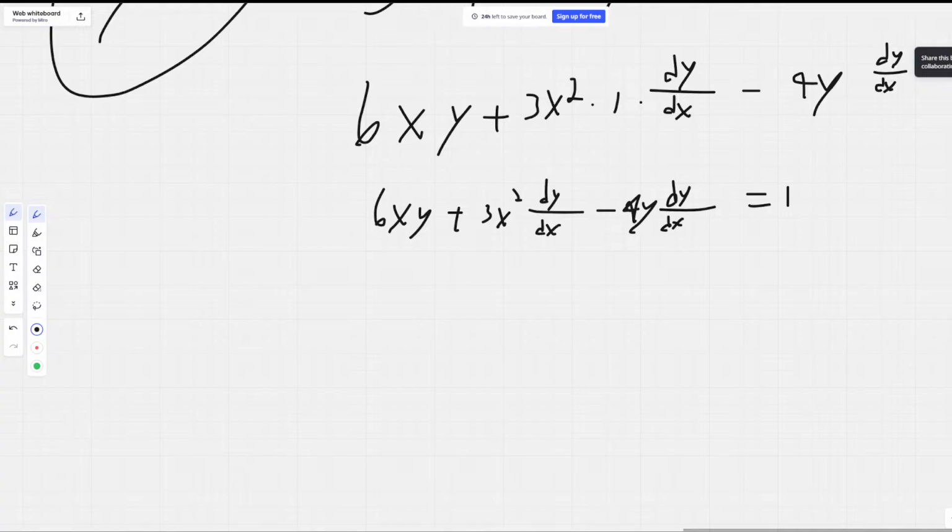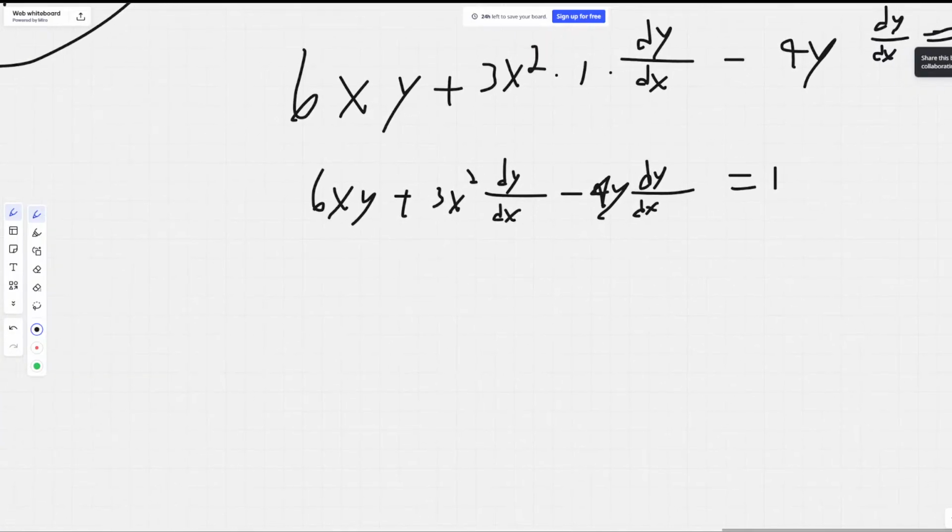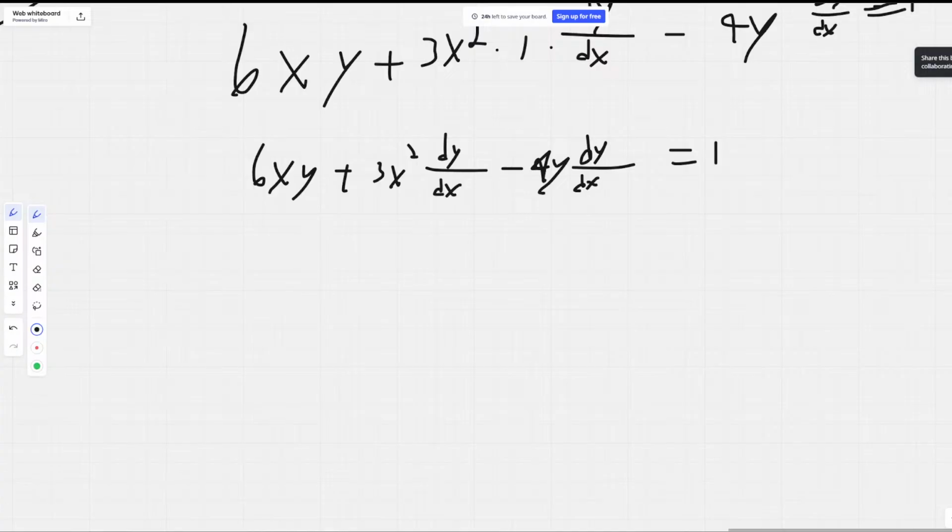All right. Now that's written down into the notebook. Start moving stuff around.